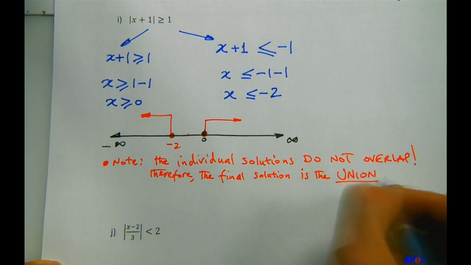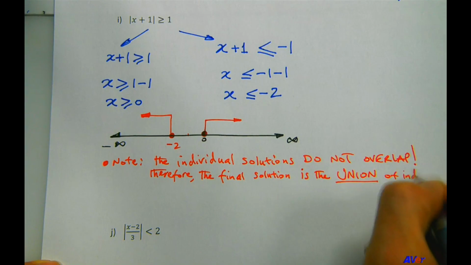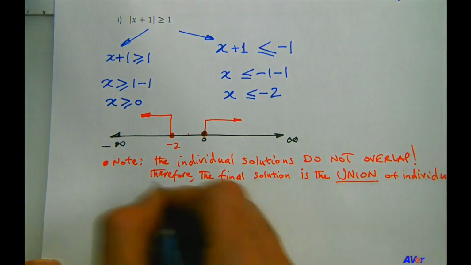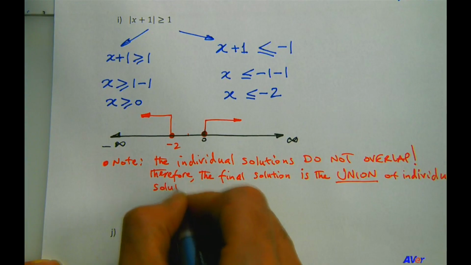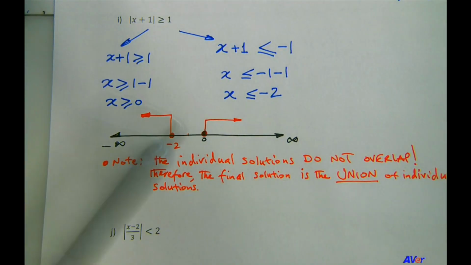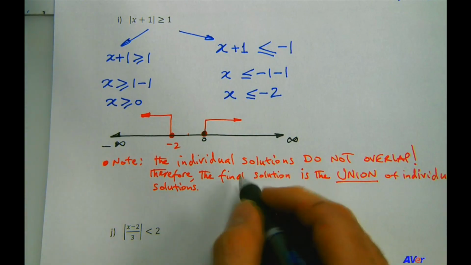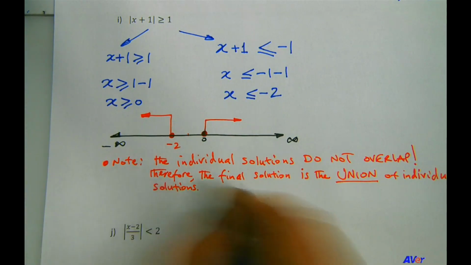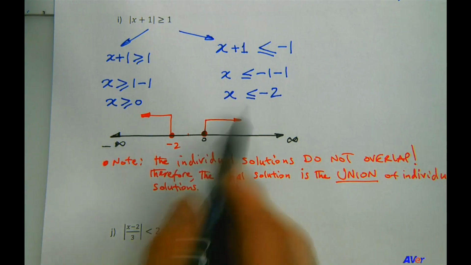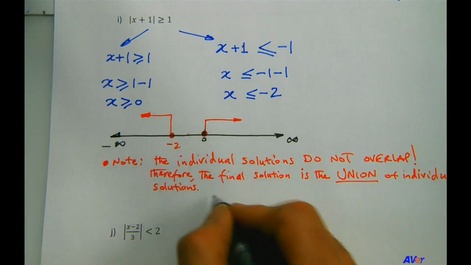is the union of, remember the union and intersection? That's what I'm talking about. Is the union of individual solutions. In other words, the final solution is negative infinity to negative 2.